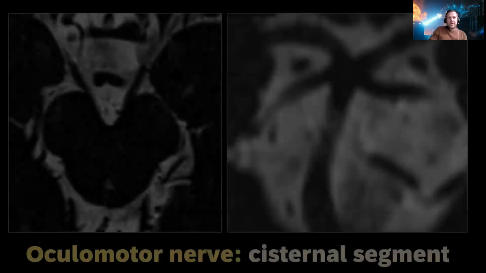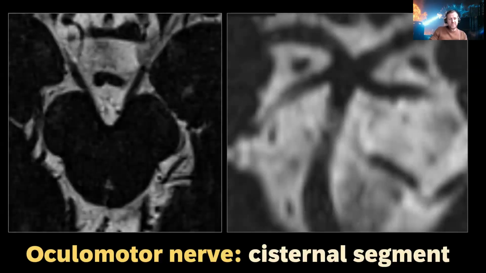Okay, let's now move on to the cisternal segments. We already touched upon them, but here we have the cisternal segments of the oculomotor nerve in the interpeduncular cistern.